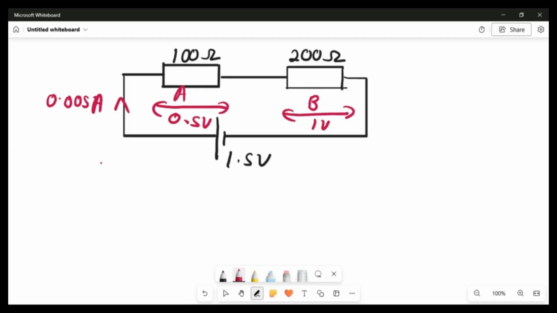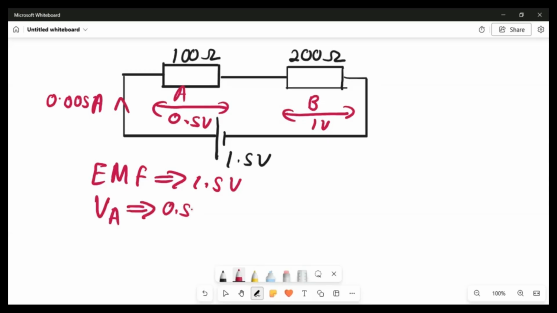So the EMF of the cell is 1.5 volt, and the resistor A gains a voltage of 0.5 volt and the resistor B gains a voltage of 1 volt. So here we can get a conclusion like this. The EMF of the cell is equal to the voltage gained by A plus the voltage gained by B.